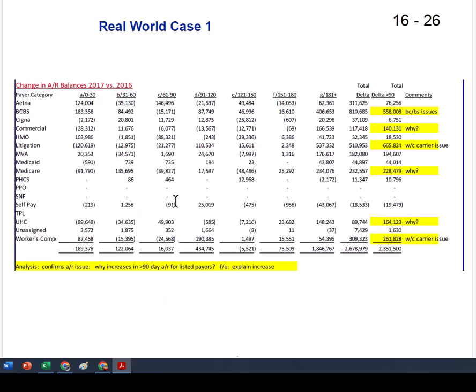Okay, so then what we looked at is aging, and I compared last year to this year. So what I did is I looked at accounts over 90 days, and we see a huge increase in Blue Cross Blue Shield. And I remember this issue.